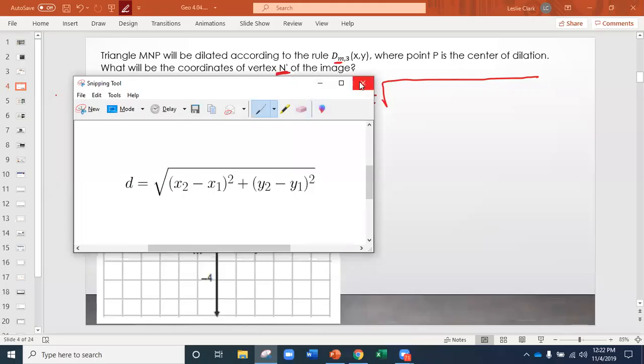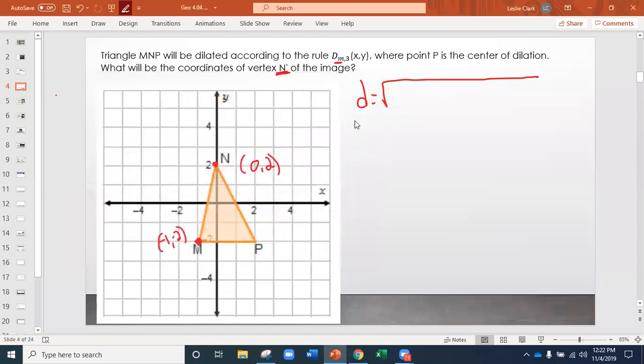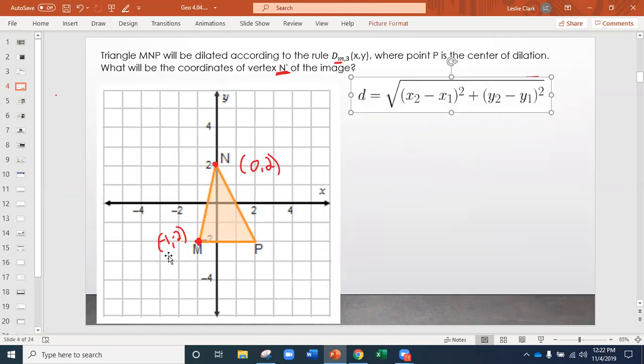So hang on, I'm just going to paste the distance formula. That'll make it easier on us. So that's our distance formula. So we just need to label these. So we'll say this one is x1, y1, and this one's x2, y2. And then we fill them into the formula.